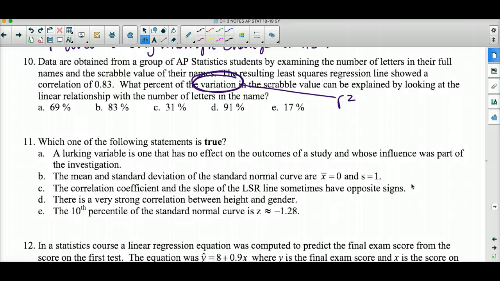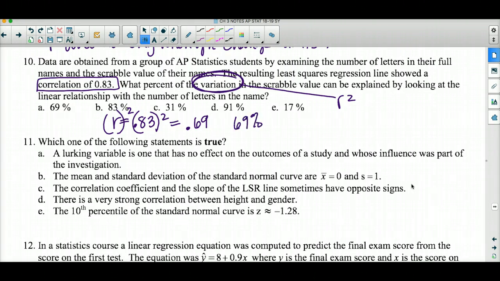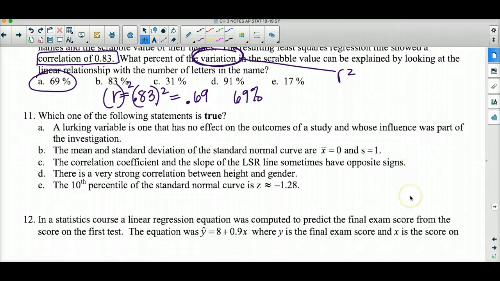Is the correlation equal to the r squared? No. Remember, the r is 0.83, so the r squared would be the square of 0.83, which would be 0.69 or 69%. So that's A. All right, next.